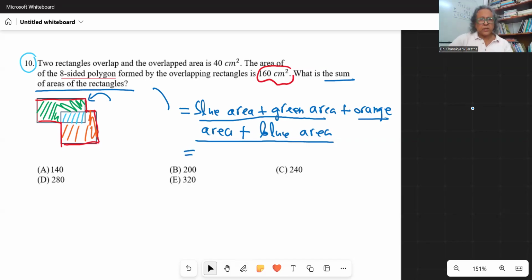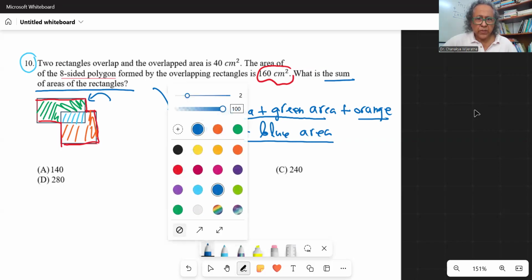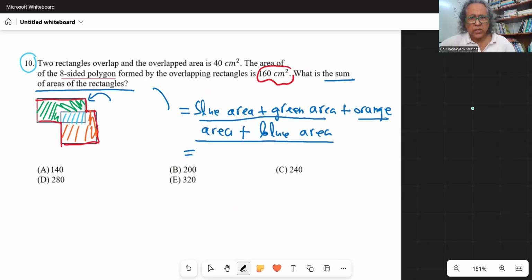So the eight-sided polygon is blue, green, orange.